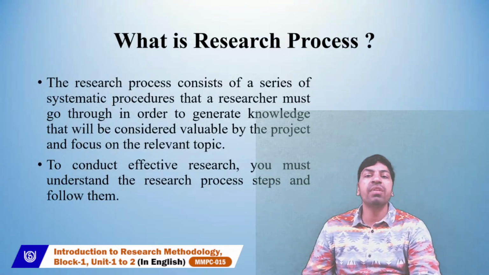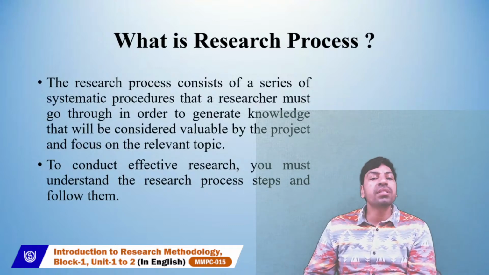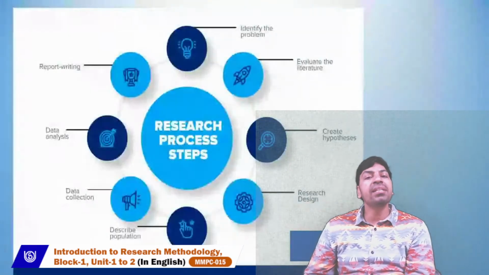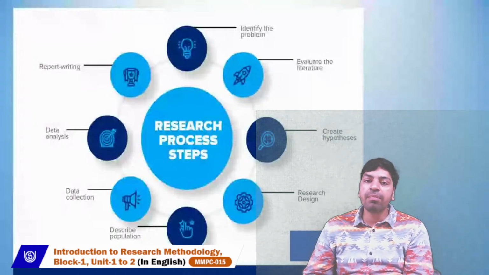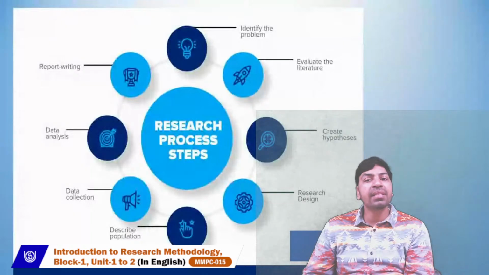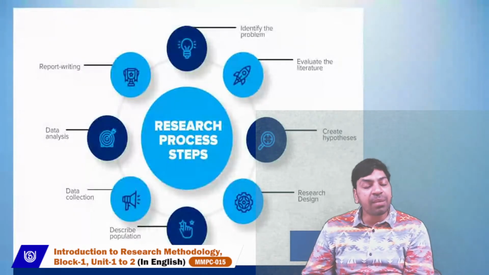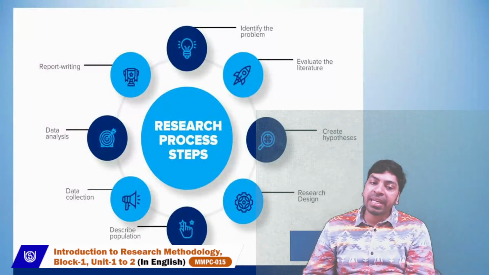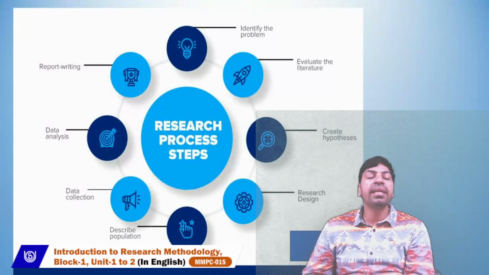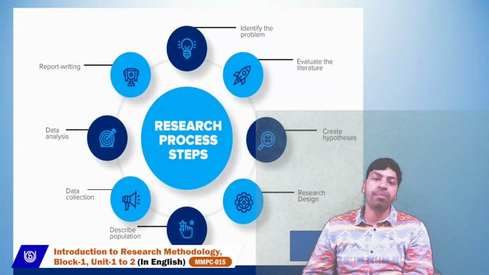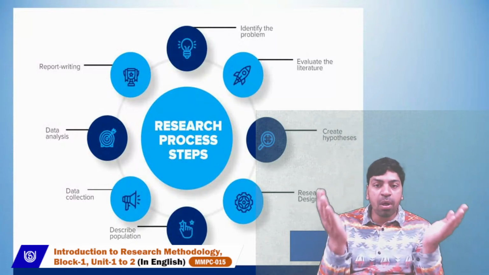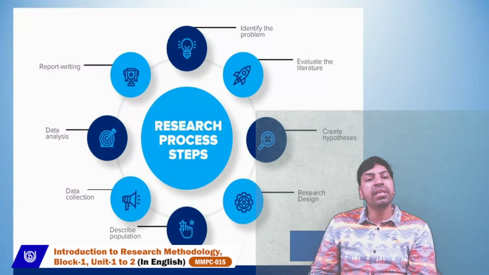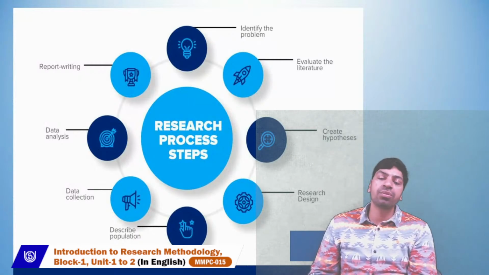This chart describes the steps: first identify the problem, then evaluate the existing studies, create hypotheses, prepare the research design or methodology, describe the population, collect the data, analyze the data, and then write up a report. These are all the steps a researcher has to follow.